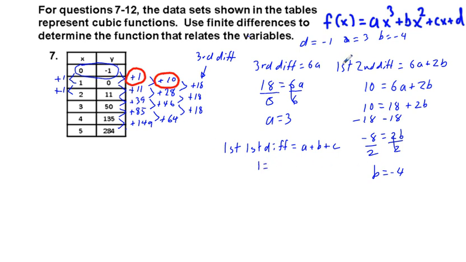It's equal to a, and a we've established is 3, plus b, so minus 4, plus c. And if we just simplify here, we got 2, and on the right side we have 3 minus 4. No, I got that wrong. On the left side we have 1, we just bring down the 1. Right side we have 3 minus 4, which is negative 1, plus c. If we add 1 to both sides, we get c is equal to 2. So you have c is equal to 2.